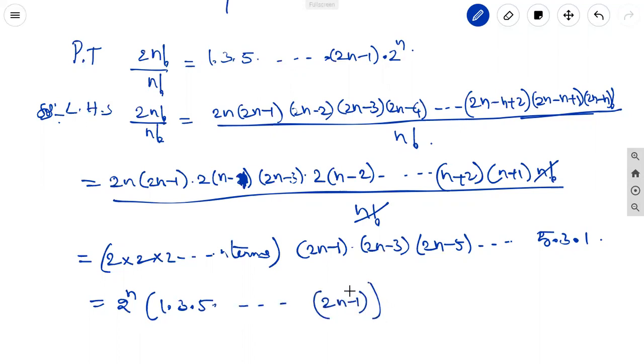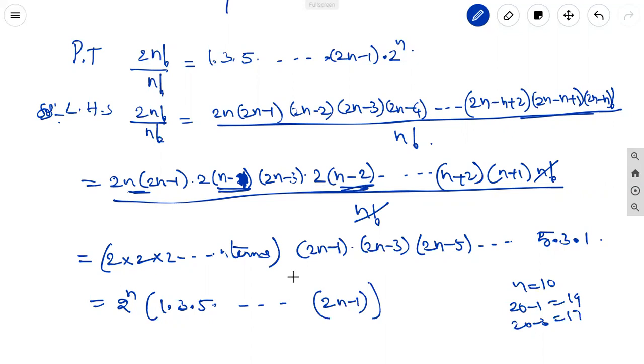Let's just check. Suppose we take n equal to 10. 2n becomes 20, 20 minus 1 is 19, 20 minus 3 is 17, and the odd numbers go up to 1. In this, n−1, n−2, up to n−n, all are multiples of 2, so that is 2^n. Taking 10 minus 1, 9 goes in this one.